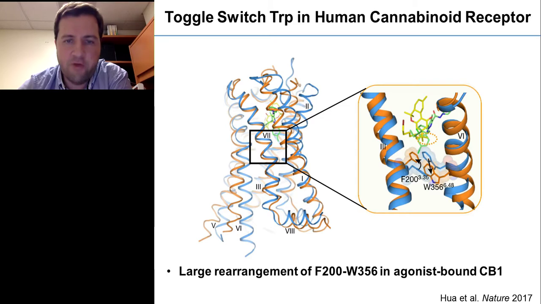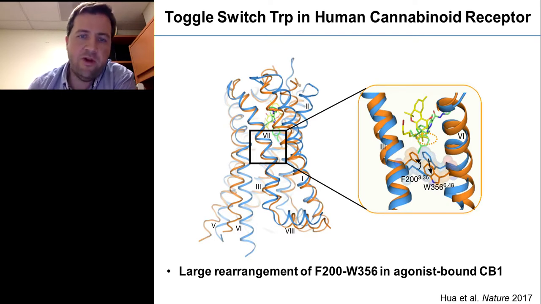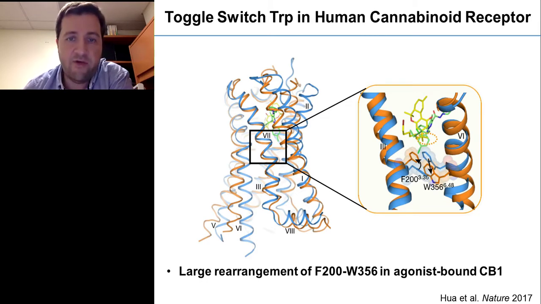Shown here are superpositions of CB1 in complex with an agonist and antagonist, and a comparable residue, the so-called toggle switch tryptophan, is shown on an expansion of this, where it undergoes a large reorientation between the two complexes, and we would anticipate we would also see a large change in the chemical shift of that toggle switch tryptophan. So this observation could likely be extended to other class A GPCRs as well.